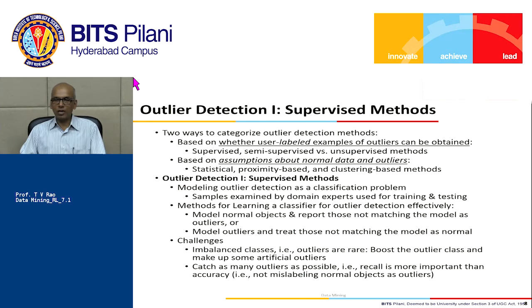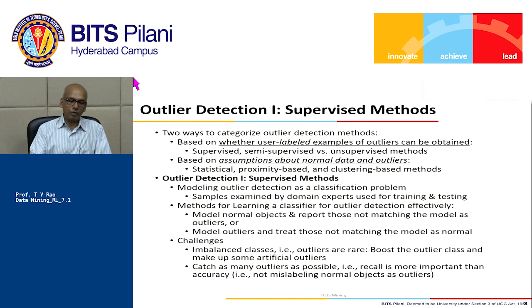In that case, we can divide the data into two clear-cut classes, normal data and abnormal data. We can use classification techniques to determine which points represent the abnormal data, and we can simply put them as outliers.